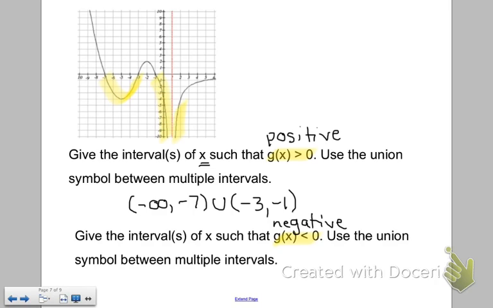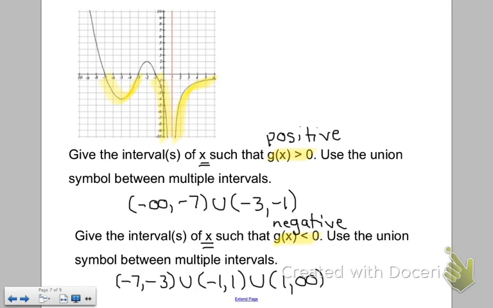And we're also looking at that right-hand portion as well. Now, remember we got to work around that vertical asymptote. So our intervals, remember we're in terms of x, we'll start at negative 7, we'll go to negative 3, union negative 1 to positive 1, and then we have again 1 to infinity.